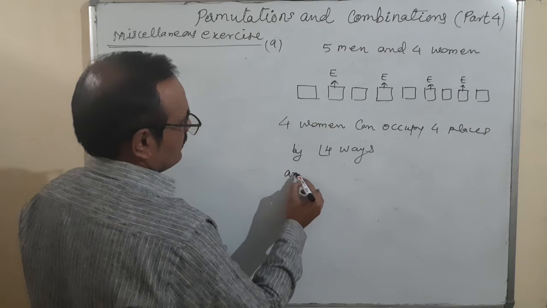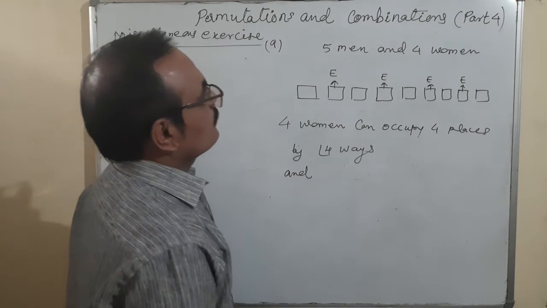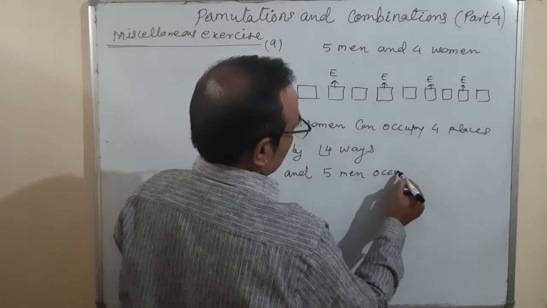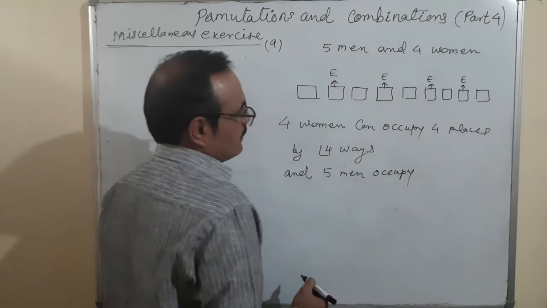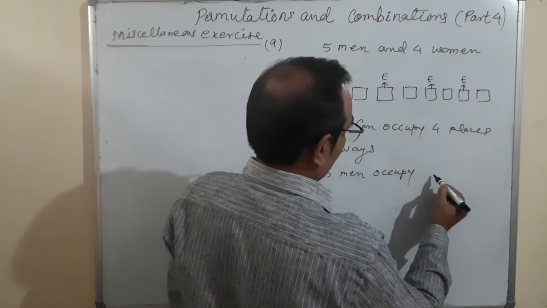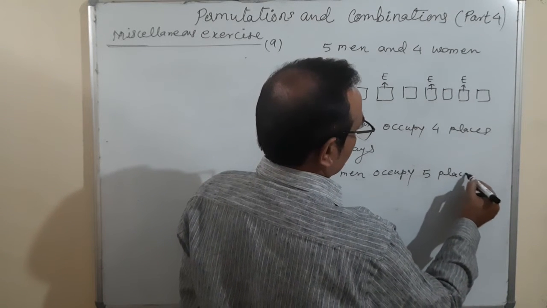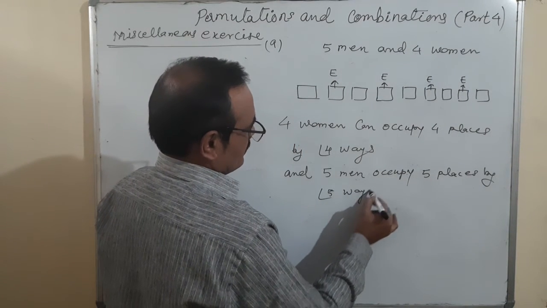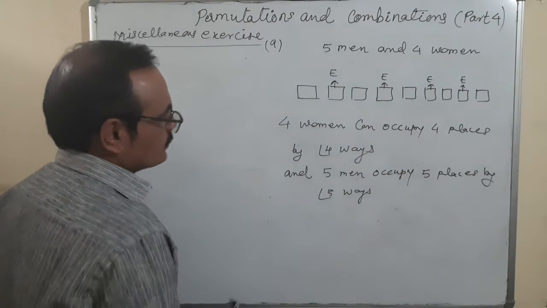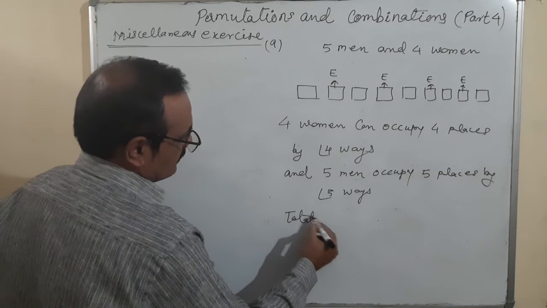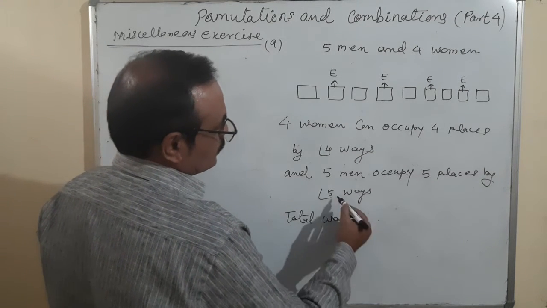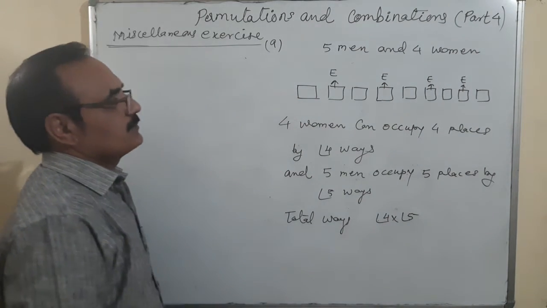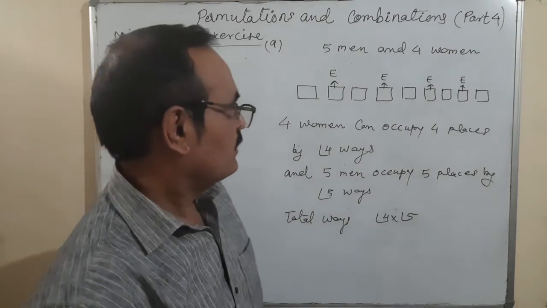And 5 men occupy 5 places in factorial 5 ways. Okay, so that means the total ways are factorial 4 into factorial 5. Simple. It's okay.